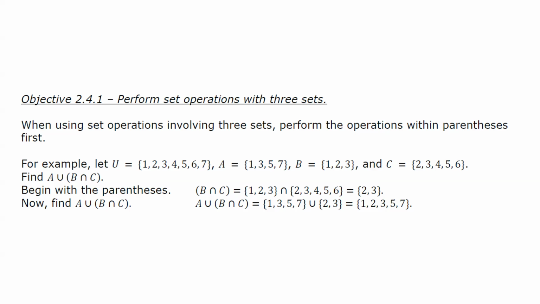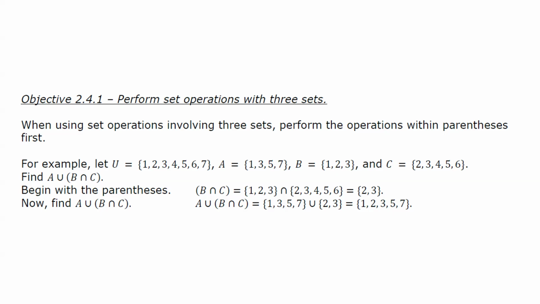If we're asked to find A union the quantity B intersect C, we will first begin with the parentheses. B intersect C. So we want to find the intersection between set B and C. So we'd find that first, and that would be the set 2, 3.